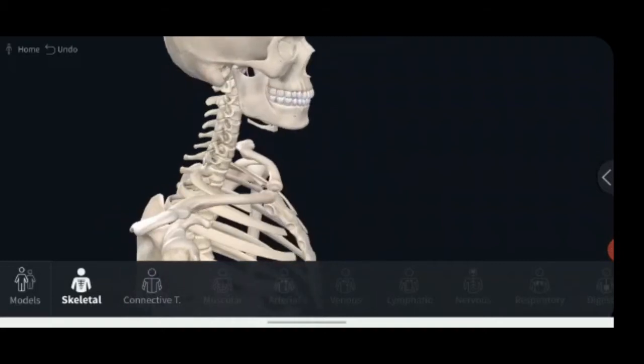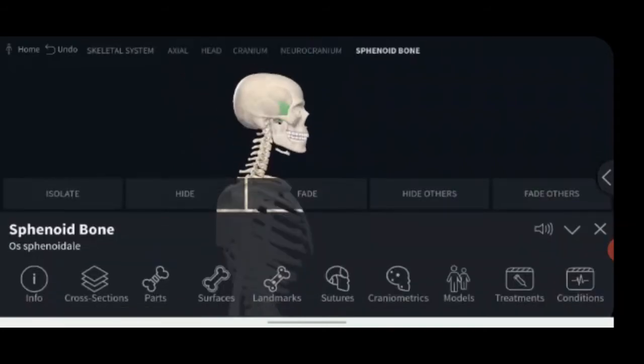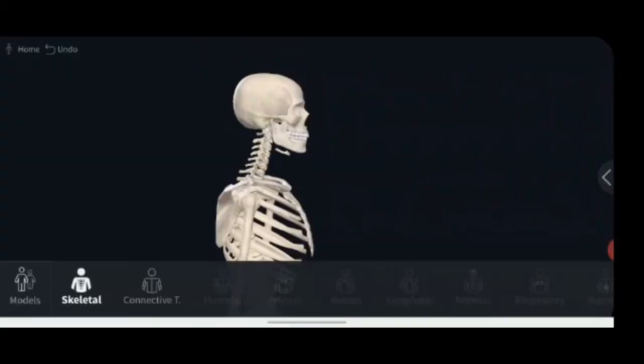This is the temporal bone. The mandible articulates with the temporal bone by means of the synovial temporomandibular joint. The other joints of this skull are sutures, except this temporomandibular joint.